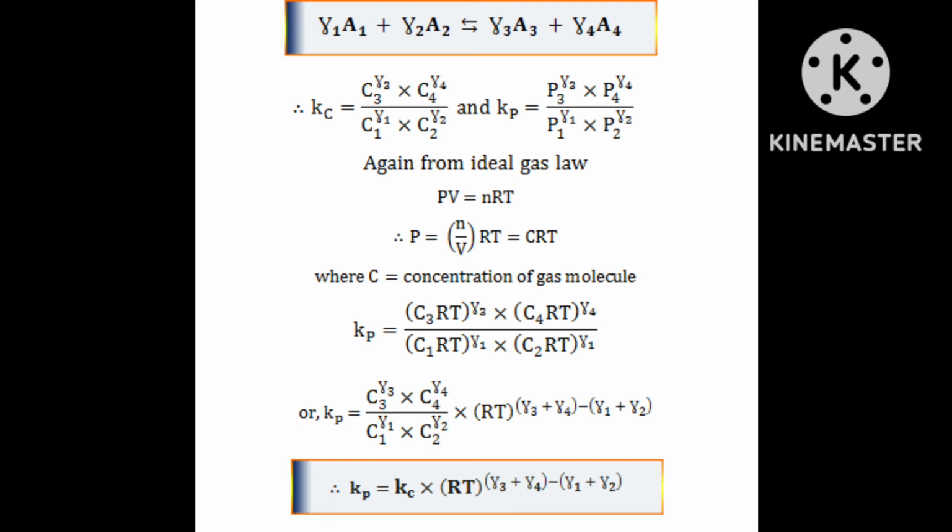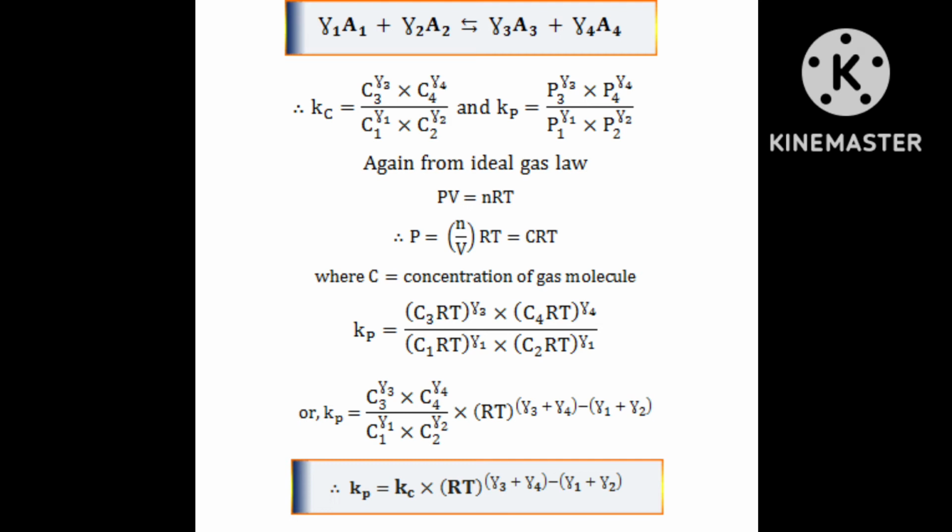Now again here you put in the same way the pressure and concentration relation, what you have done in case of H2 plus I2 is equal to 2HI. Here first write pressure of ammonia, which means concentration of ammonia into RT.